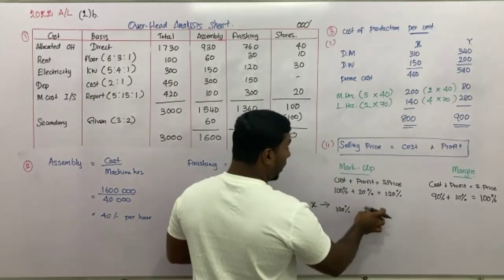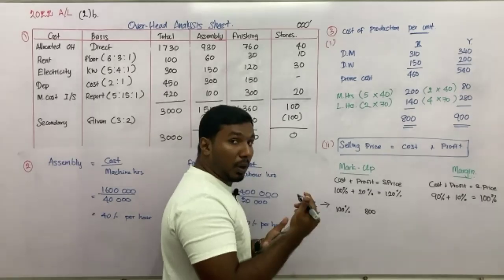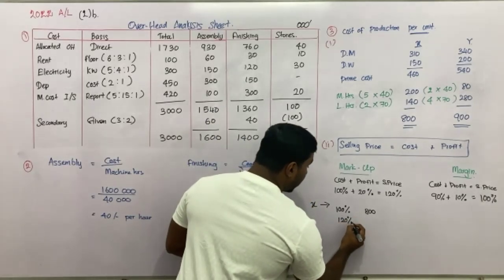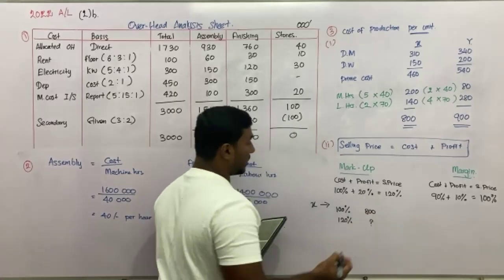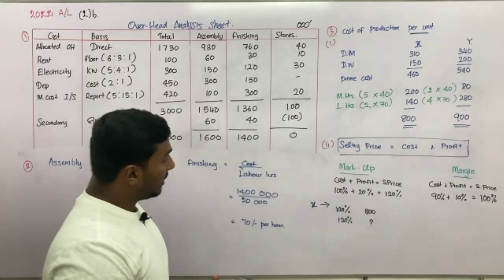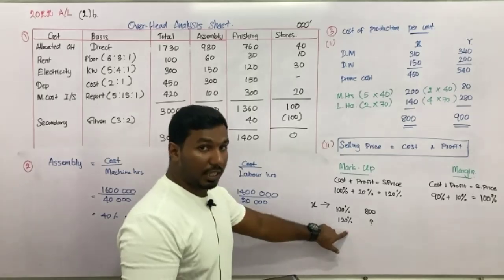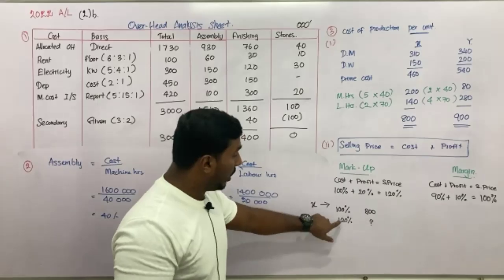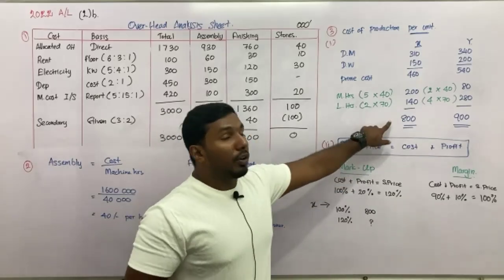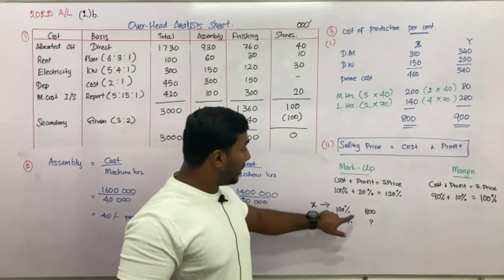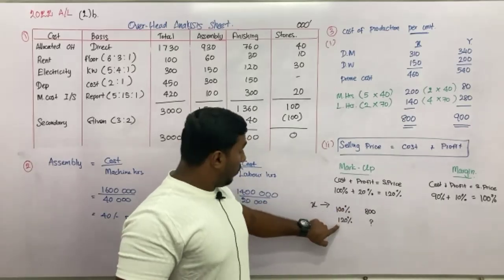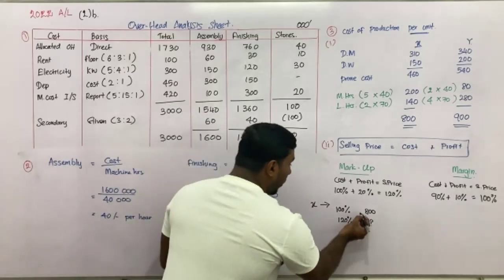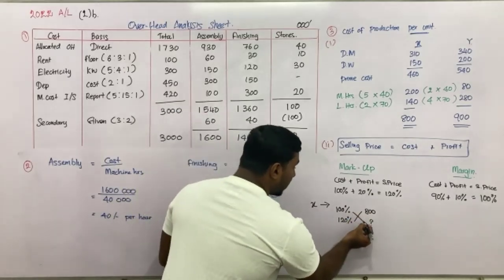Selling price is what we need. The selling price is 120%. That's what we need. Cost is 100%. We already calculated the cost. So 100% equals 800. What we need is 120%. What we can do is cross multiply this.